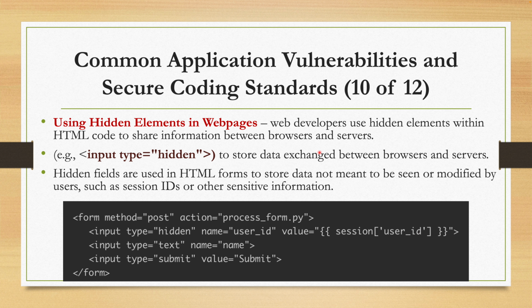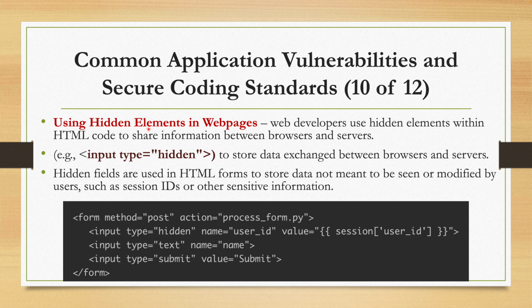Now, we have using hidden elements in web pages. Hidden elements, by the way, are not visible to users, but can easily be inspected or modified using browser developer tools, potentially exposing sensitive data like user ID, session tokens, or application logic.